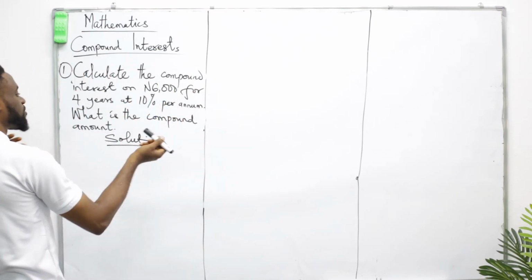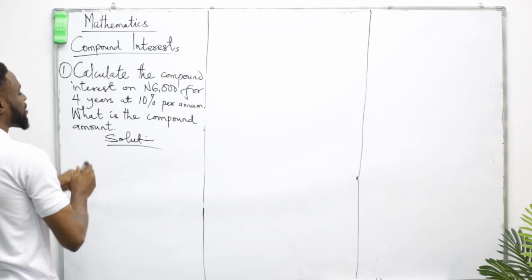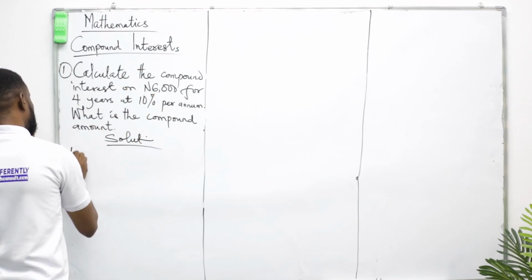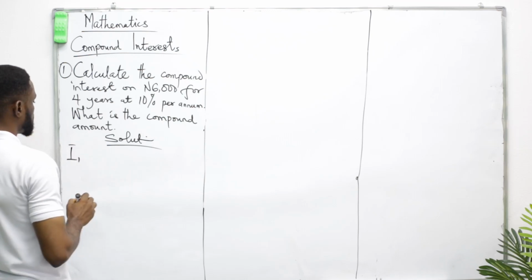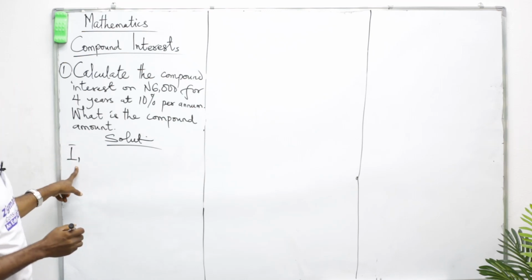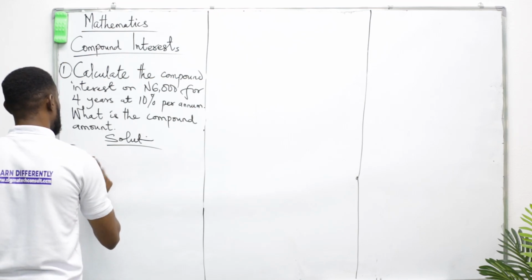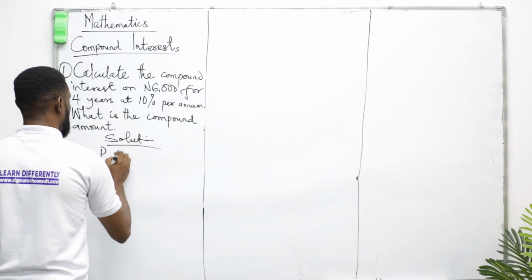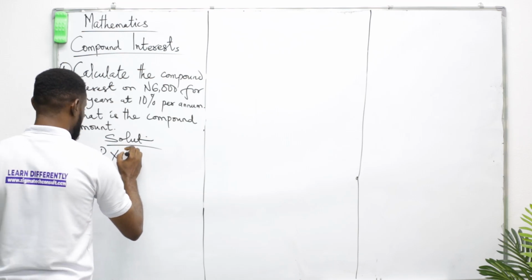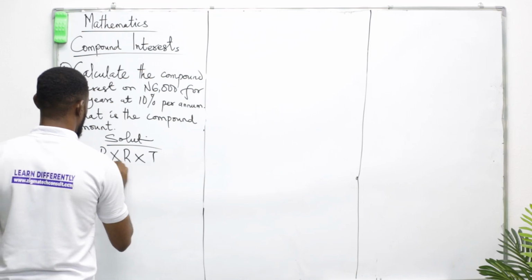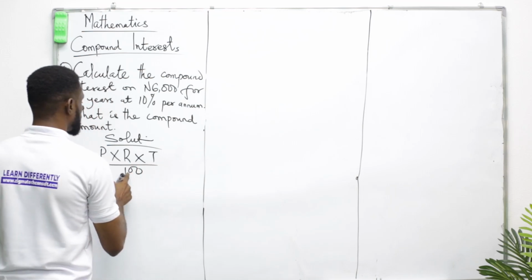So we are calculating interest for 4 years. So interest 1, the interest of year 1. I have it as interest 1, okay? Remember, it is principal times rate times time all over 100.